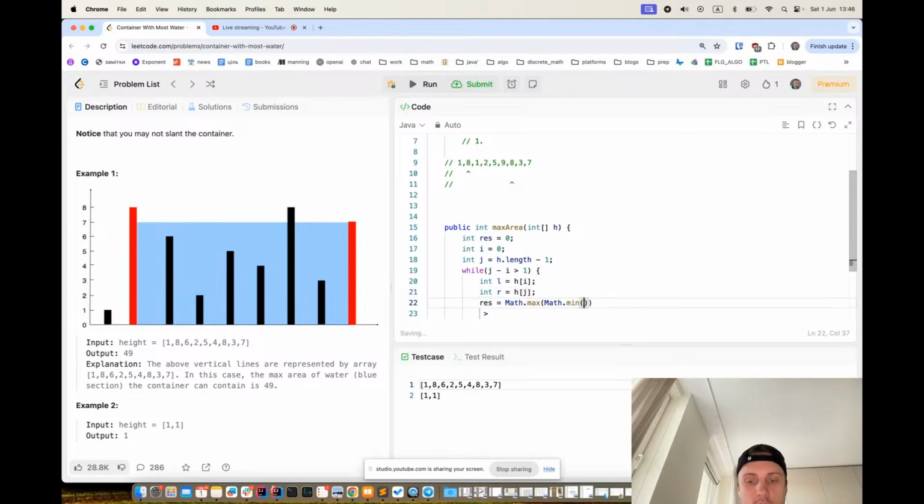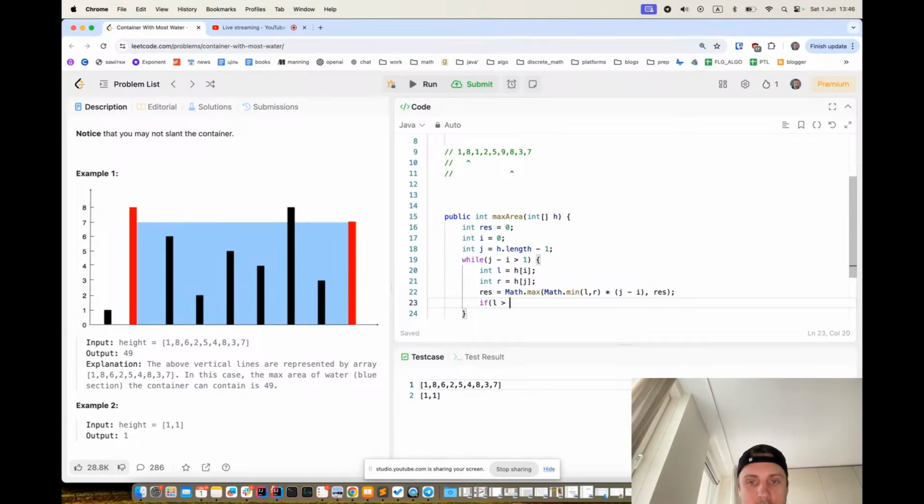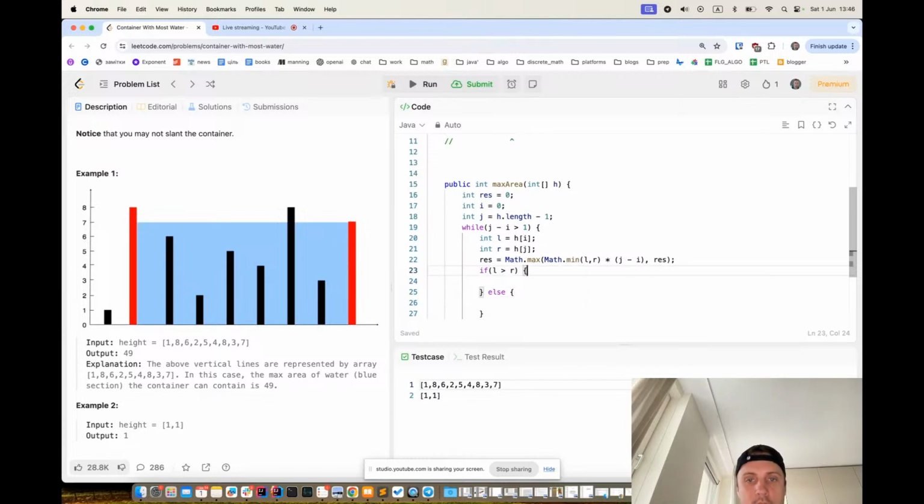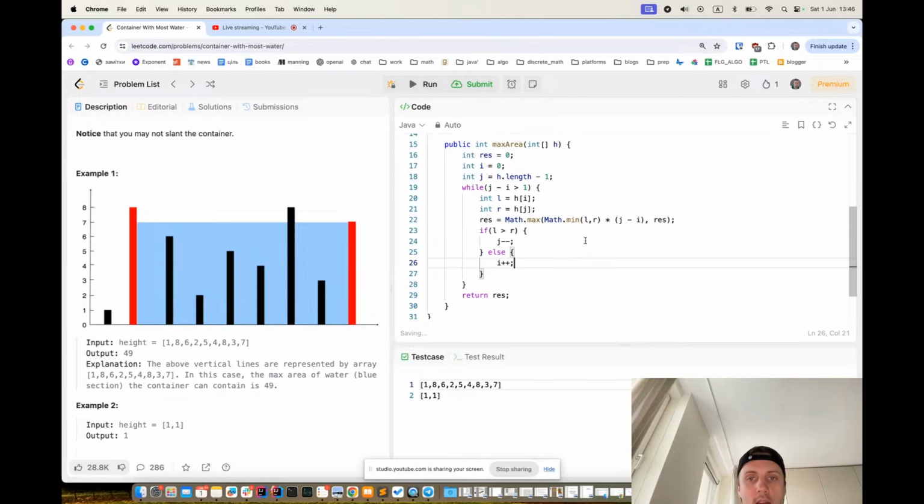So we take the minimum of left or right, multiplied by j minus i, and here we update our result. Then if our left is greater than right, then we should move our j, otherwise we should move our i. And return result. Let's check.